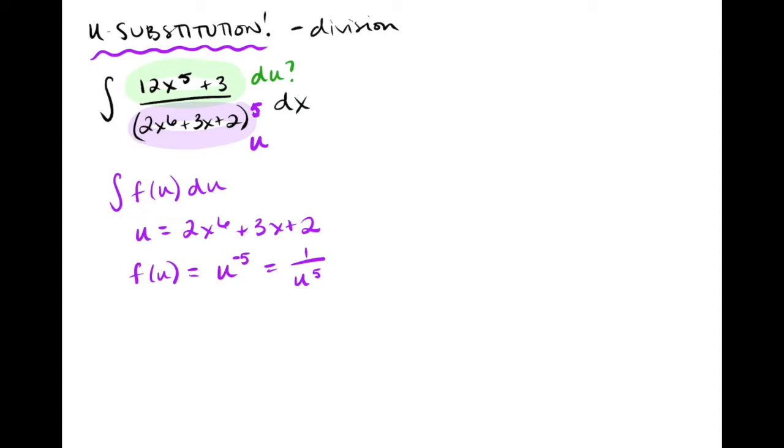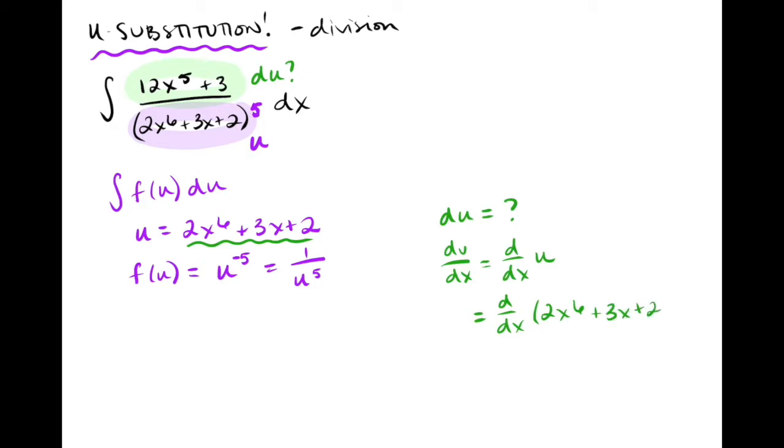Now we need to take a look at what my du might be. And to find du, we need to start with du dx, because du dx is just the derivative with respect to x of u. And in this case, I know what u is because I just decided it. It's right here. So this is going to be d over dx of 2x to the 6th plus 3x plus 2.